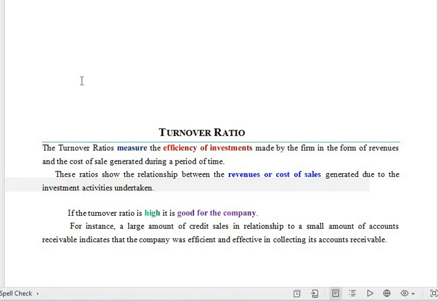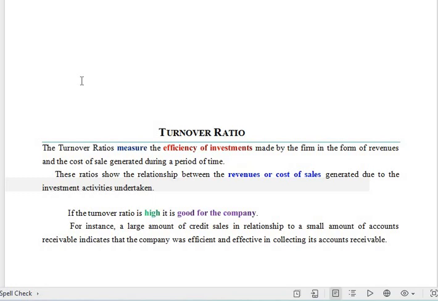The revenue is generated by the business in the form of sales. So one variable we use in this ratio is the sales. That's why this ratio is able to measure the business efficiency.